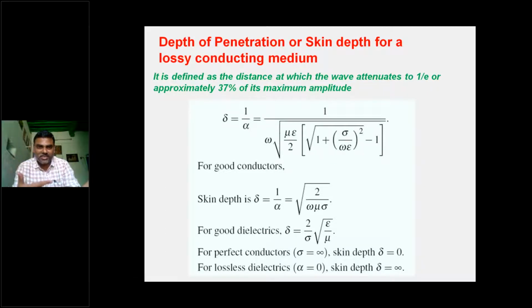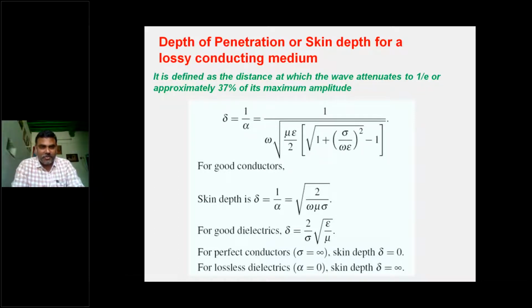That much distance is called the depth of penetration, or skin depth, and that skin depth is simply given by the reciprocal of the attenuation constant, so 1 by alpha, and the alpha formula we already gave in the previous slide.